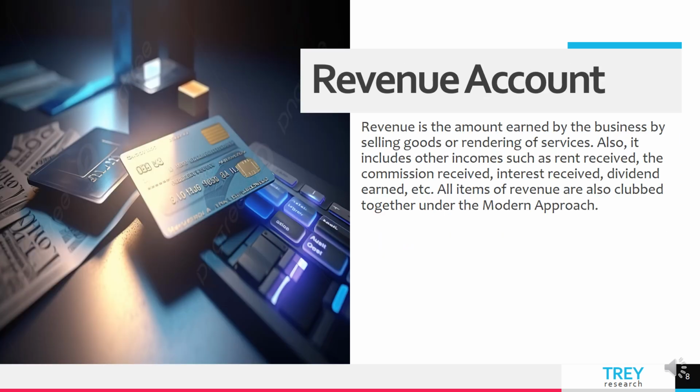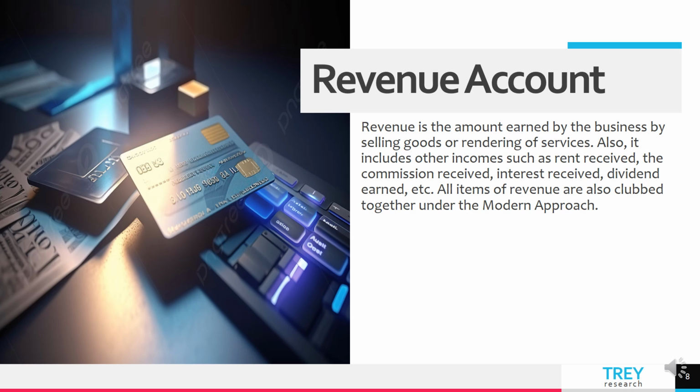Now, revenue. What is revenue? It is the amount earned by the business for selling goods, rendering services, and other incomes like rent received, interest received, dividend earned. These are also included in the revenue earned by the business.